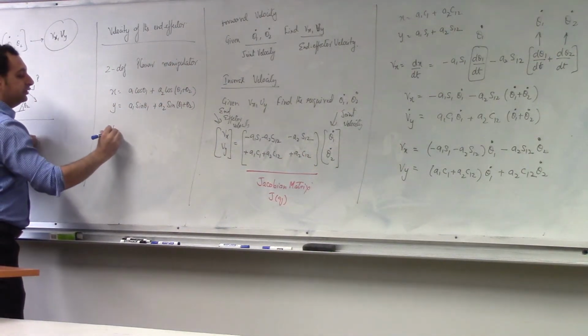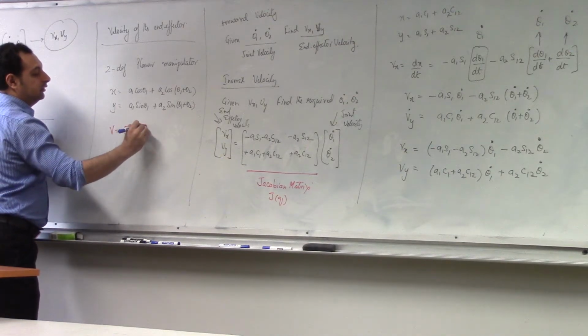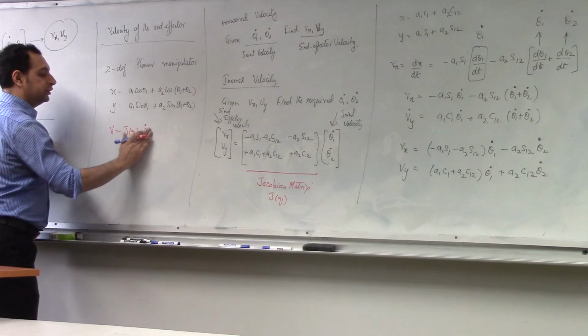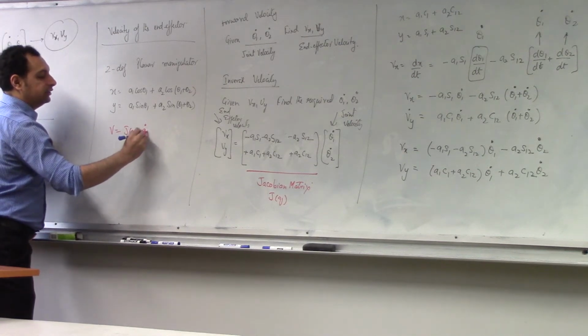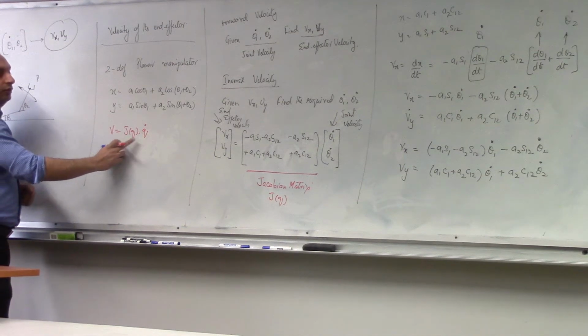So I can write this as V equals J of Q times θ dot, or Q dot, because Q is the joint vector. So V will be equal to J of Q times Q dot.